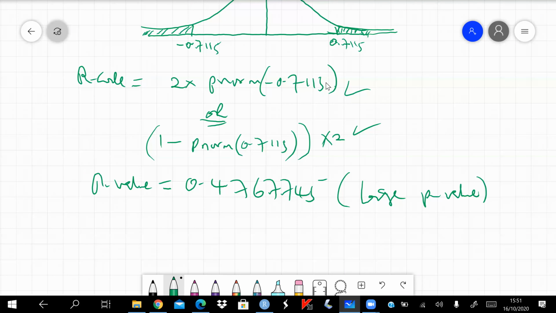When the p-value is large, it means that you cannot reject the null hypothesis. So you fail to reject the null hypothesis at the 5% level of significance, and that means we shall end up with the same conclusion. So you can either use the p-value or you can use the critical values obtained from the tables. Okay, any question there? So we can have an exercise.